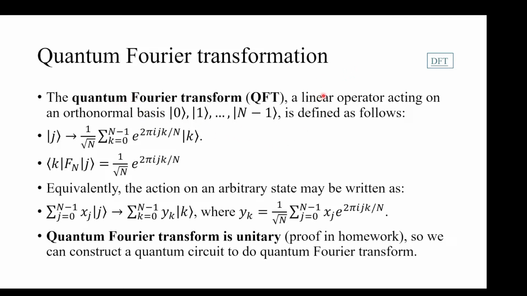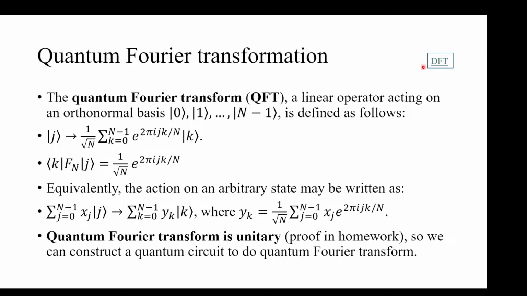So we think of the quantum Fourier transform as just a linear operator acting on an orthogonal basis. Once again, it's an n-dimensional quantum space, so you have basis vectors being the computational basis 0 to n-1, and then the quantum Fourier transform has the same matrix elements as the discrete Fourier transform.